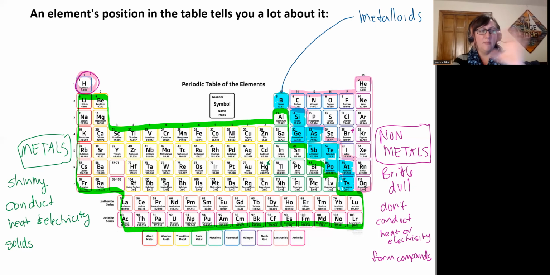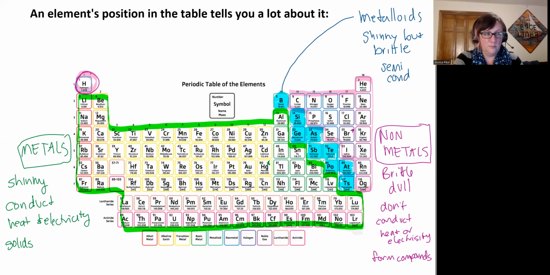And so metalloids in general tend to have properties like they'll be shiny but brittle, right? So kind of borrowing a property from each. They also tend to be semiconductors as well. And so they can conduct electricity, but just not as well as their metallic counterparts overall.